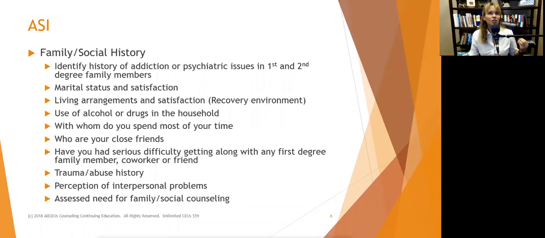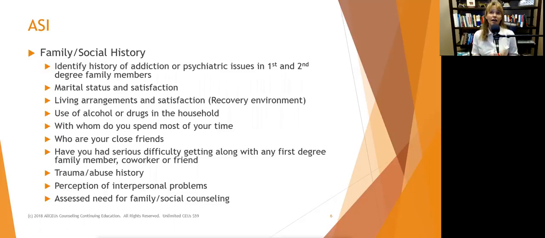What are their living arrangements and their satisfaction with it? So again, this goes to that ASAM dimension of recovery environment. Where do you live? With whom do you live? Is it safe? That means, are you constantly being exposed to addictions and drugs and chaos and all this stuff, or is it an emotionally and physically safe environment?